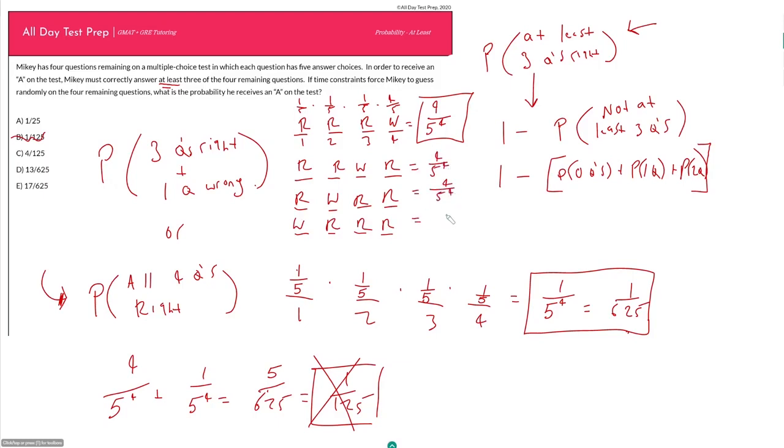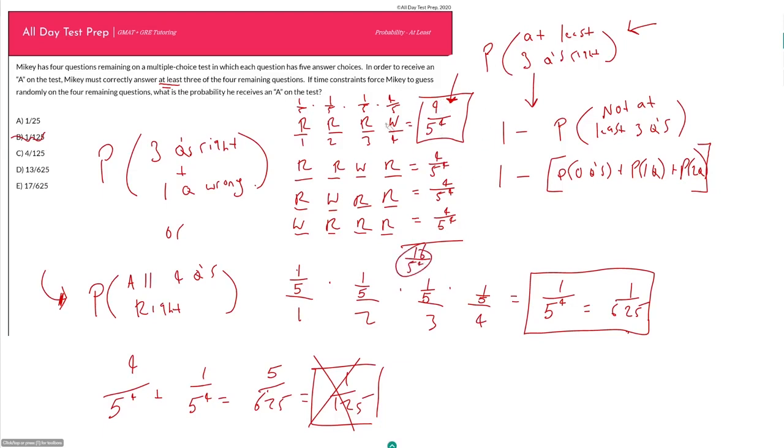So really what you have to do here is, once you find this probability, you got to multiply it by 4, because you can move this wrong answer choice to any of these spots. So you got to increase the ways you can get 3 right and 1 wrong by a factor of 4. So 4 over 5 to the 4th times 4 should just be 16 over 5 to the 4th.